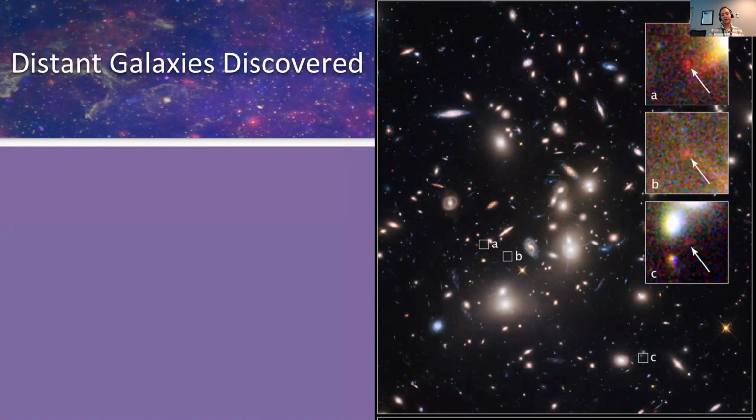And following the places of maximum magnification, they found galaxies A and B. And then they went back and sort of played the film backwards, right? They played the light backwards. If we see an image of the same galaxy appear in position A and in position B, and you play the light backwards to a source, where else might light from that source appear in our image? And then they play it forward again, and they think that something would be in position C, and they went and looked in position C and they found it.